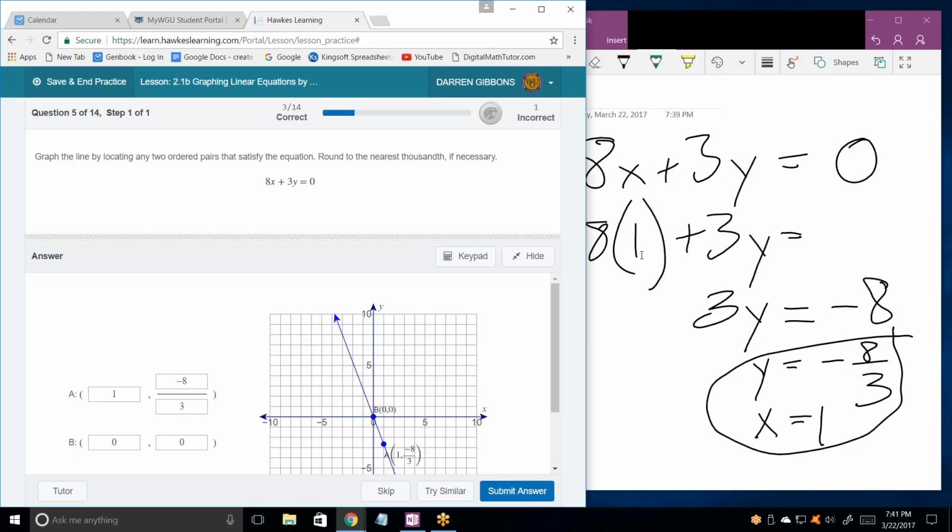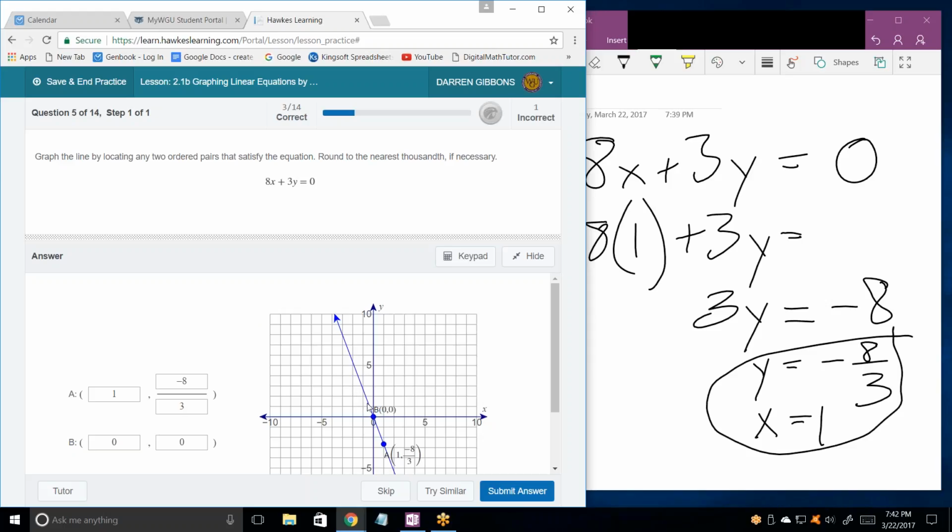I can pick any number I want for x, and I could solve for the proper value for y. And all of them are going to be on this line. In other words, that is the equation of a line, and there's only one line that it can be, and that's the one that they've shown here. Okay?